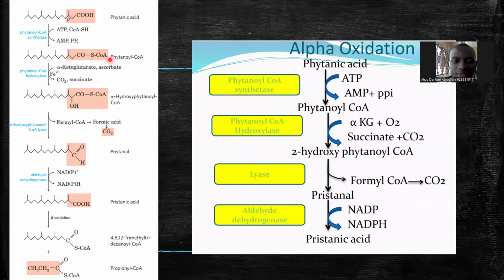Now, phytanoyl-CoA with the methyl group still at the beta carbon is hydroxylated to alpha-hydroxyphytanoyl-CoA. The hydroxyl group is added at the alpha carbon, right? The beta carbon still has the methyl group. This is your alpha carbon, this is your beta carbon.